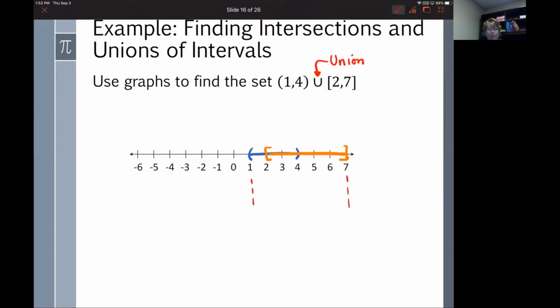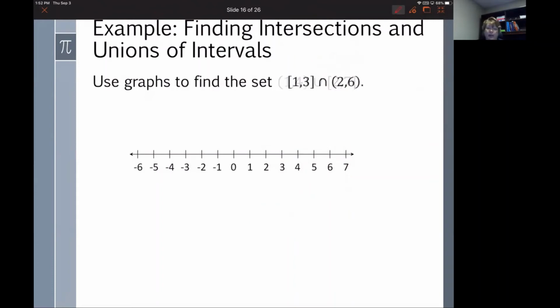So the union is the interval starting at 1 and ending at 7. So the union is from 1 to 7. Now I have a parenthesis at the 1 and a bracket at the 7, so it's parenthesis 1, comma 7, bracket.